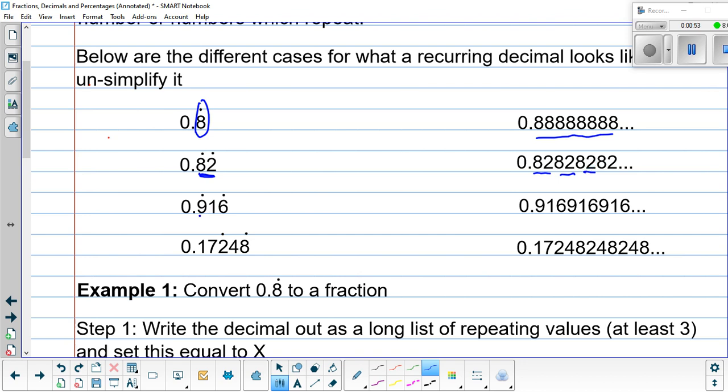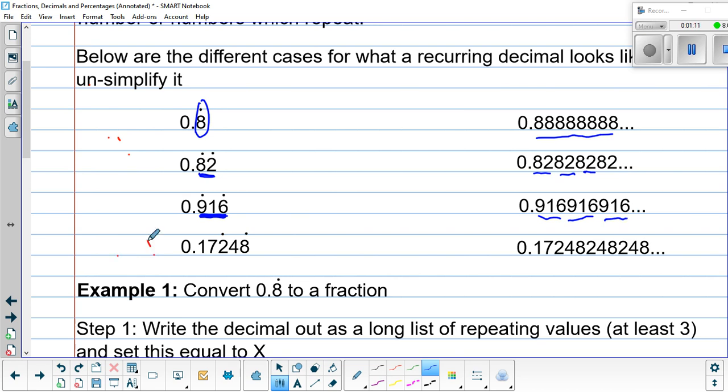What if the 9 and 6 have dots? It means everything starting and ending there recurs, so 916, 916, 916.